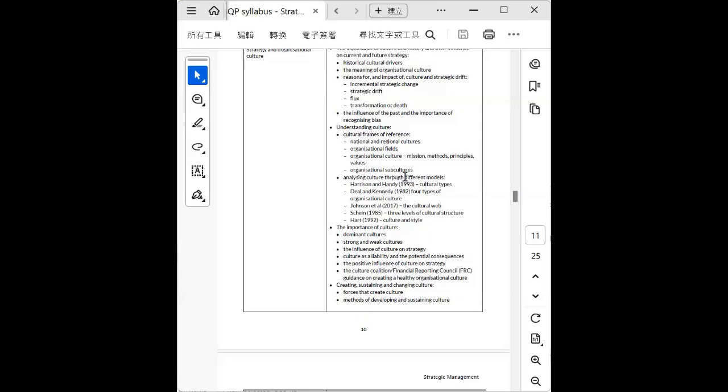So we have these different models here. In this part, understanding culture is quite important because you need to apply the models to the scenario. This gives you a framework to analyze a culture, and it enables you to diagnose alignment with the strategy.